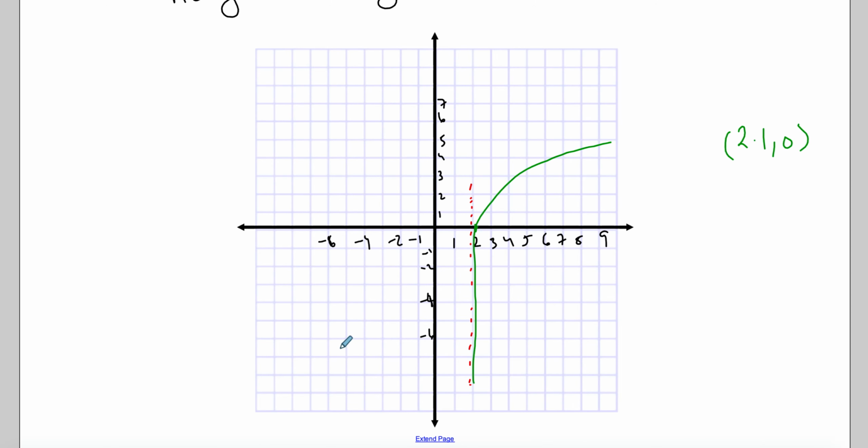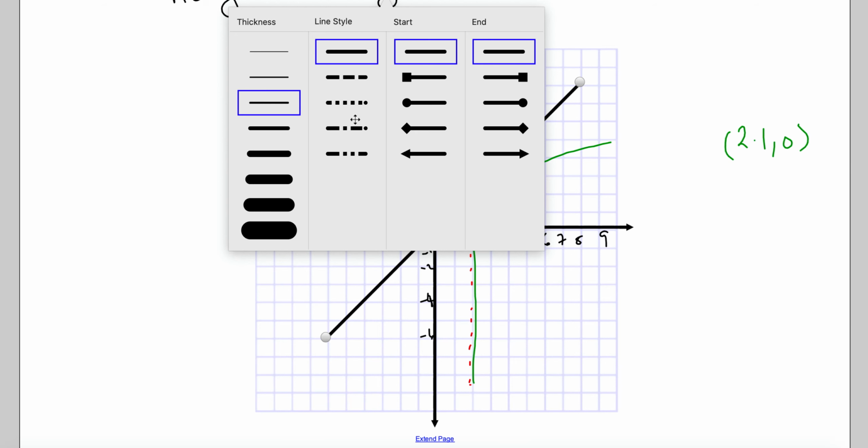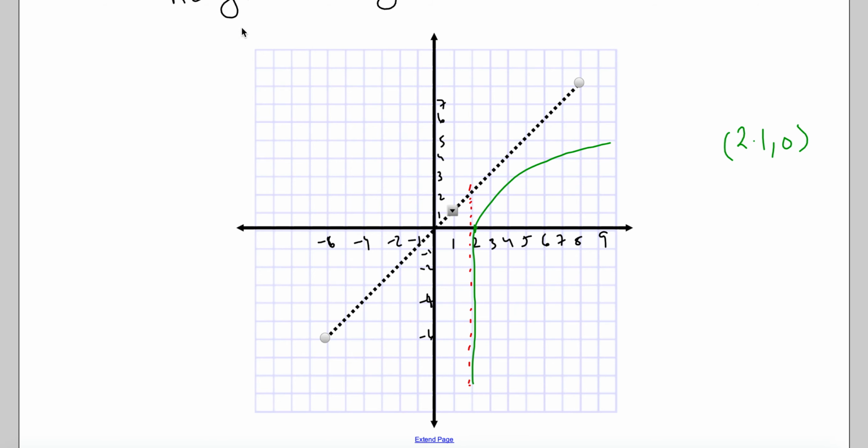And so if I have my y equals x graph, then, so this is y equals x, sorry, and I'm going to reflect it to get f inverse. And remember that the vertical asymptote becomes the horizontal asymptote.